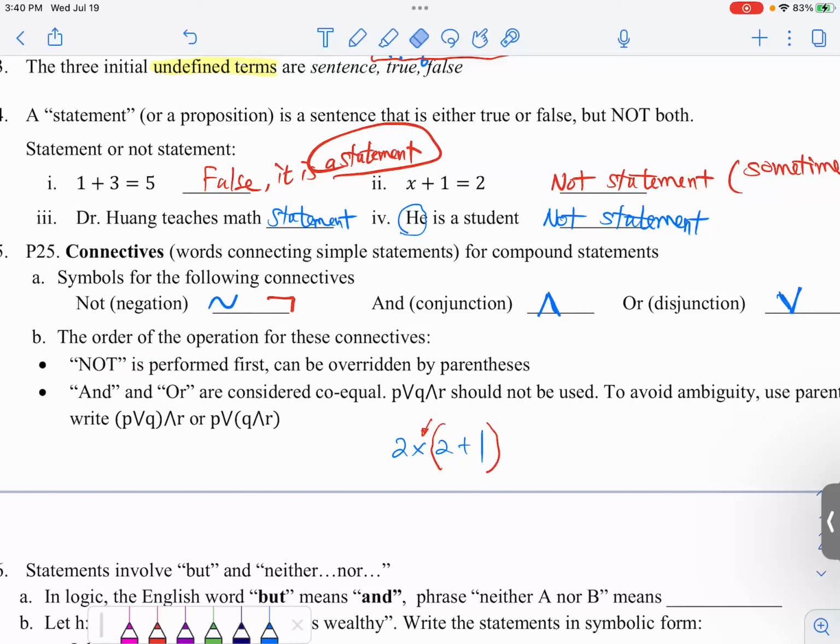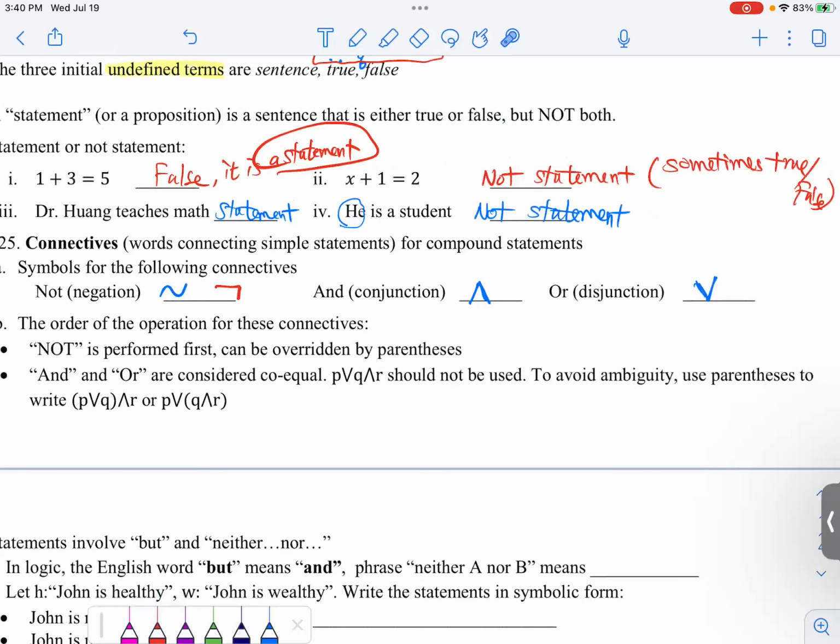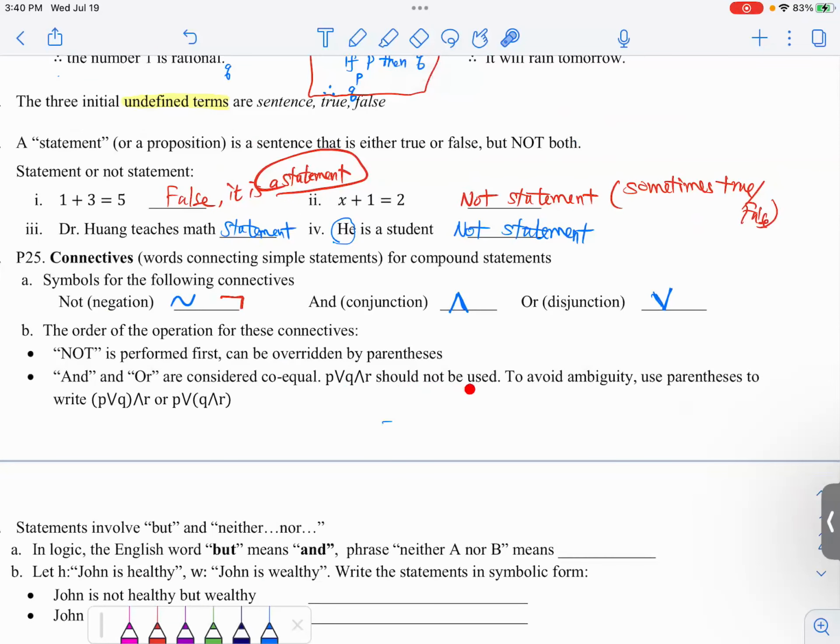So that's the same idea. And and or are considered co-equal. However, expressions like p or q and r should be avoided, because this is considered ambiguous. So to avoid this ambiguity, we use parentheses to write it's either this one or that one. You don't write this one. So be careful on that.